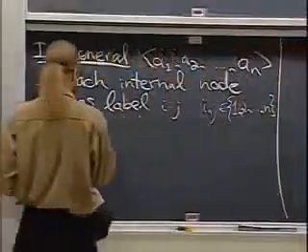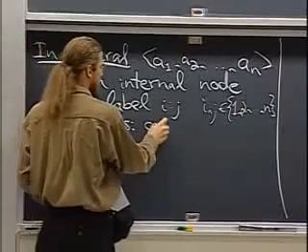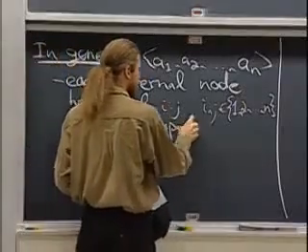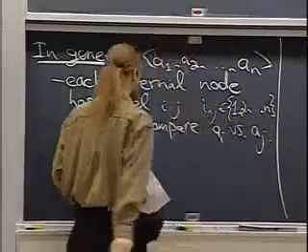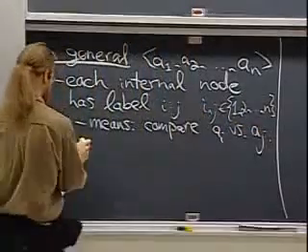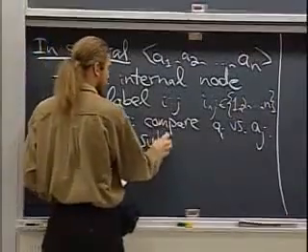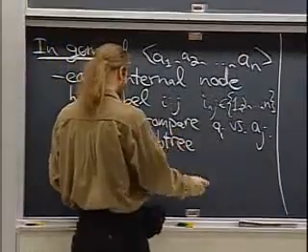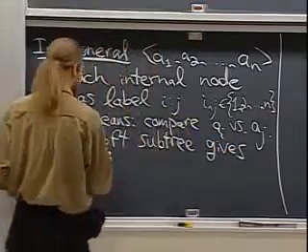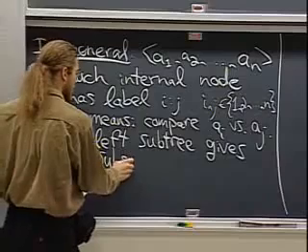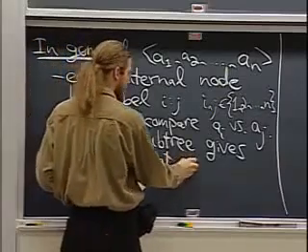And this means that we compare A_i with A_j. And we have two subtrees from every such node. We have the left subtree, which tells you what the algorithm does, what subsequent comparisons it makes, if it comes out less than.